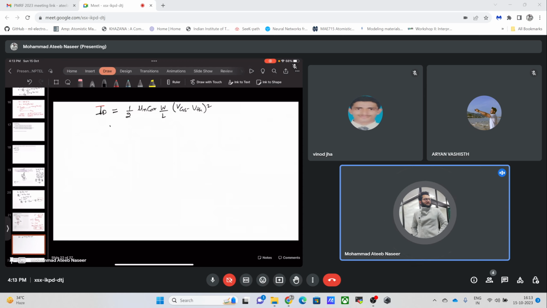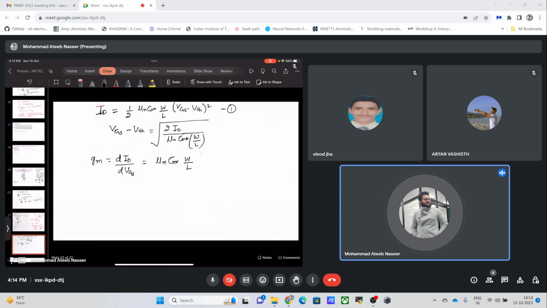From this, if I write this VGS minus VTH, it would be simply equal to the square root of 2ID by mu n Cox W by L. Now what is GM? GM is dID by dVGS. So if I do the derivative of this equation, it would simply be equal to mu n Cox W by L times (VGS minus VTH).